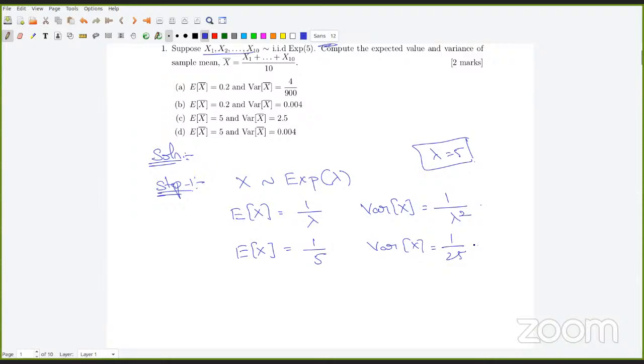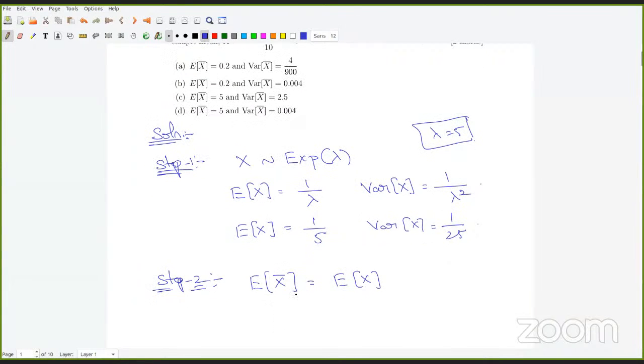Now, what should be our step 2? We know the distribution expectation and variance. How are these connected to the sample expectation and sample variance? The expectation of the sample mean is equal to the expectation of the distribution.